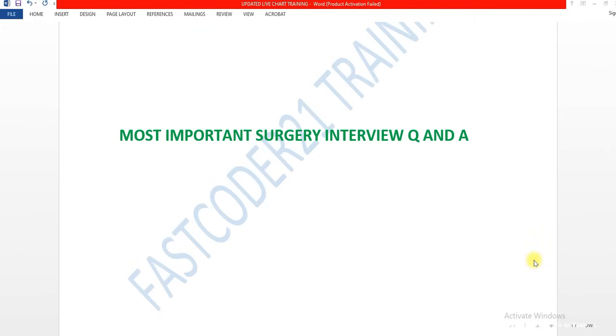Then you need to check whether the physician is removing the tumor from the subcutaneous tissue, subfascial or intramuscular, meaning the depth of the tissue. The next criterion is the size of the tumor. So these are the three criteria we need to follow.